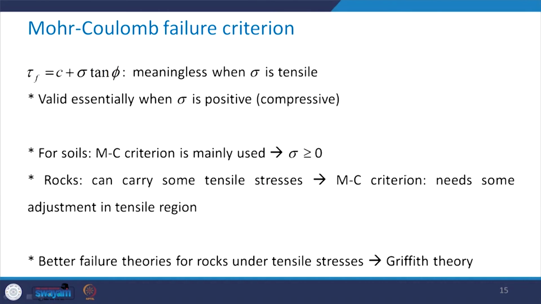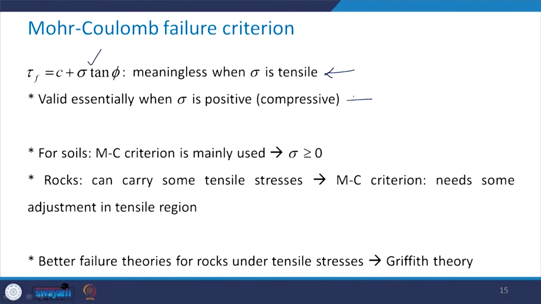and tau f equal to c plus sigma tan phi is basically meaningless when sigma is tensile. So this is valid essentially when sigma is positive or compressive in nature.